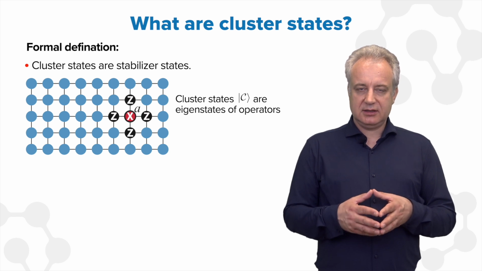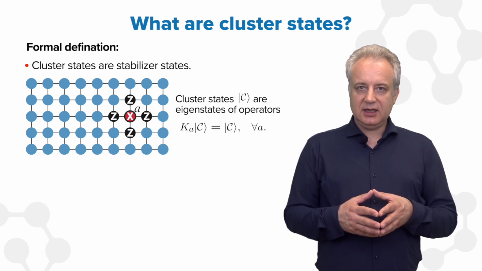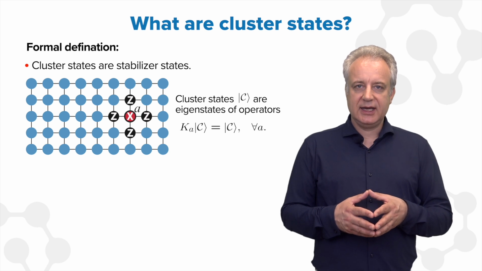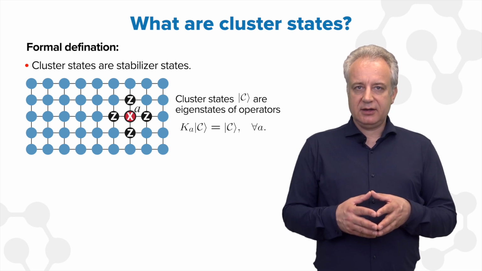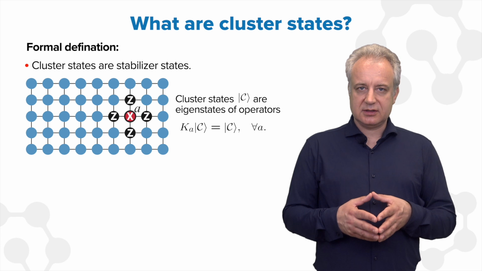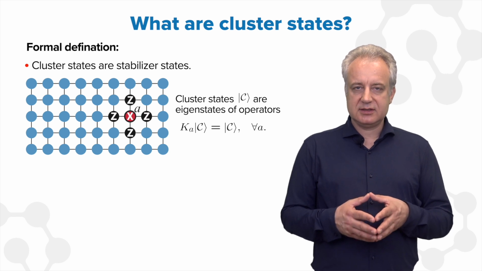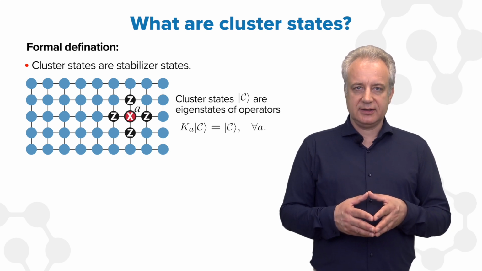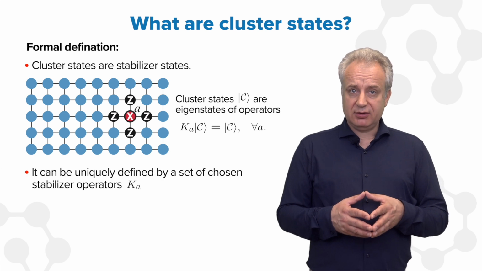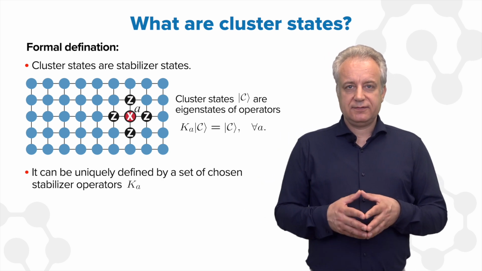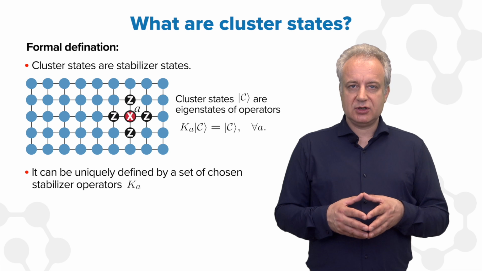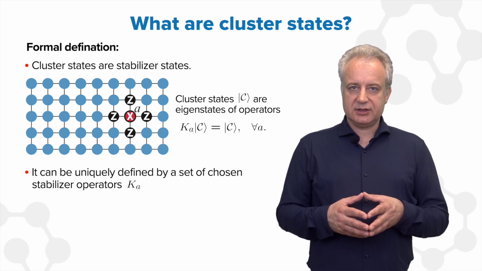The cluster state, denoted as ket C, is acted on by an operator K_a, and that action reproduces the cluster state that you started with. So the cluster state is an eigenstate of this operator. If you choose a sufficiently large number of such operators, then all these eigenvector-eigenvalue equations uniquely define the state, in this case the cluster state.